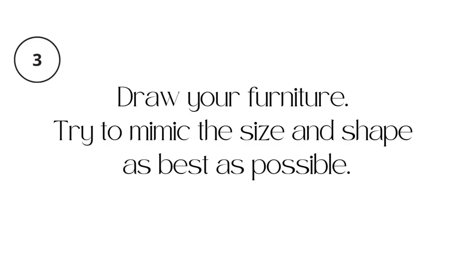The next thing is to draw the furniture that will be placed in that room. Try to mimic the size and the shape of the furniture. If you're drawing by hand, you don't need to be perfect, but try to be as accurate as possible. More realistic, but you don't need to be a Van Gogh to design your pieces of furniture.